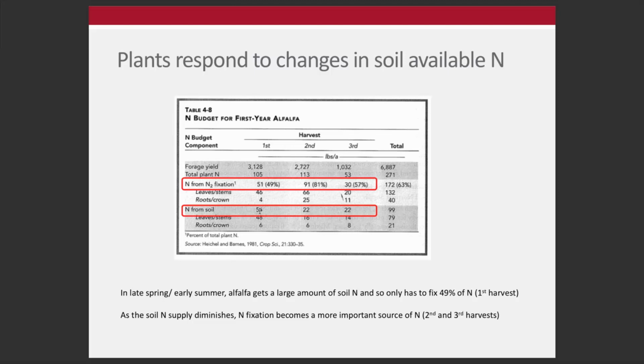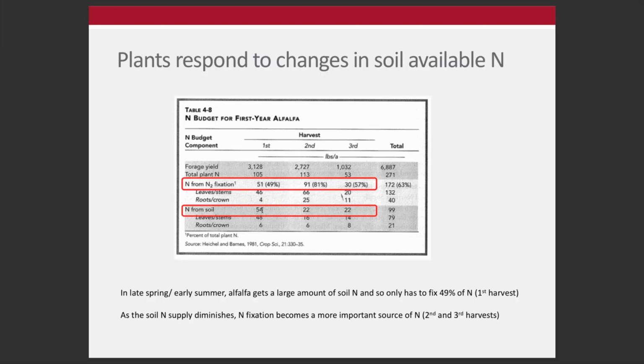So this alfalfa crop does not need to fix a lot. It doesn't need to invest a lot of energy in photosynthate for the rhizobia to fix a lot of nitrogen. But as that mineralization curve dries up and soil nitrogen becomes less and less available, because soils typically dry out, a lot of that nitrogen is either lost or it gets taken up by plants or immobilized into microbial tissue.